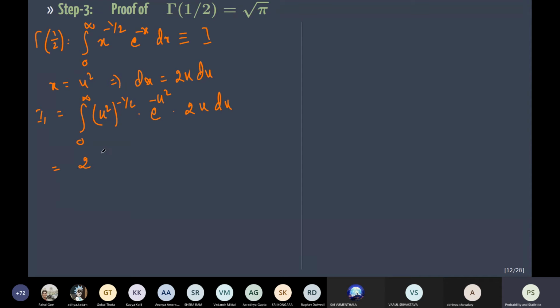So it's 2 times the integral from 0 to infinity of e to the minus u square du.